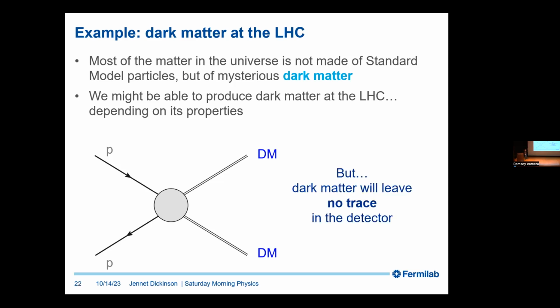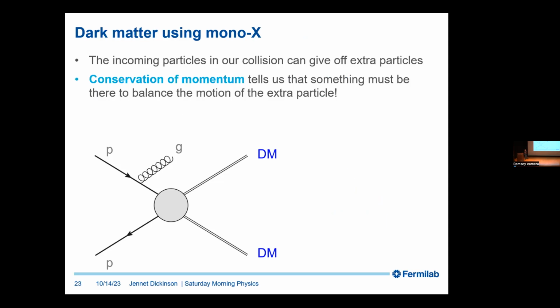But if this is an interaction that you have, what do you actually see in your detector? Nothing, right? Because it's very unlikely that this dark matter particle is actually going to interact in your detector, even if you produced it in your collision. So what we actually do is we look for these examples where one of the incoming protons radiates another type of particle. If you have a quark, it has charge and it's charged under the strong force, so it can radiate a boson associated with those forces.